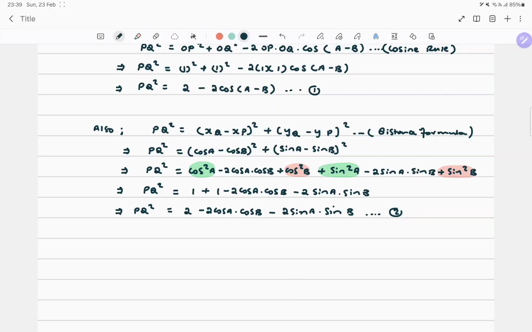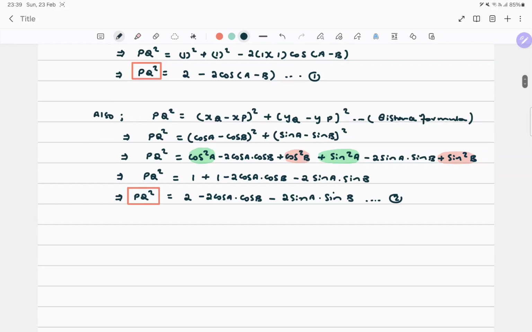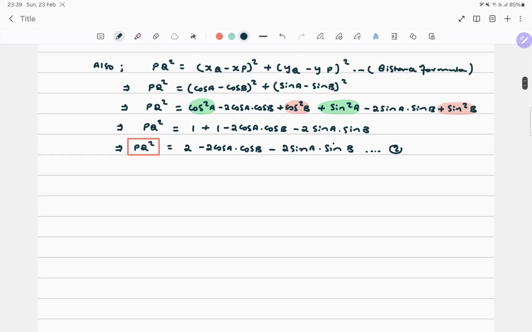But notice one thing, this is PQ squared, this is still PQ squared, so these are simultaneous equations. That's why we learn these in algebra, so we can equate the two.